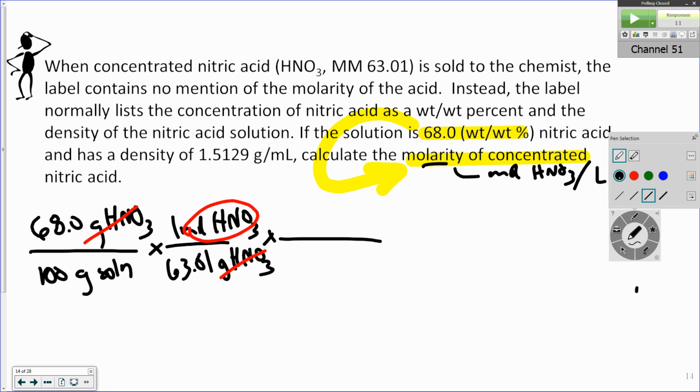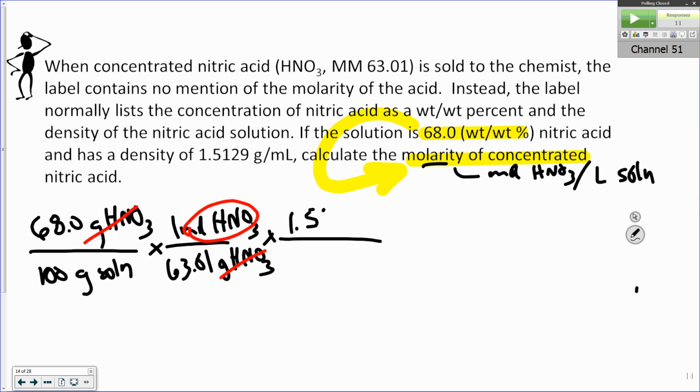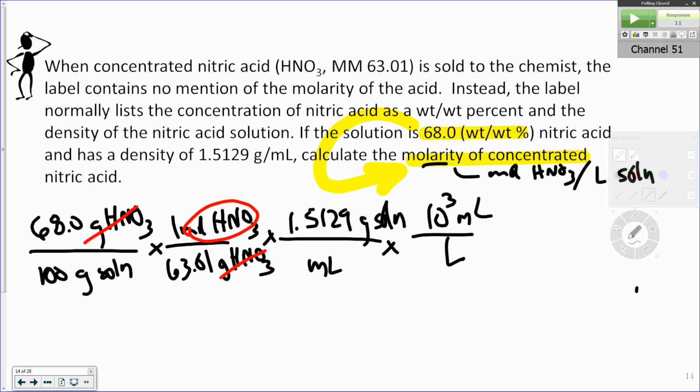All right, so now how about this next step? How do I go from grams of solution to liters of solution? Use the density. The density is given as 1.5129 grams of solution per milliliter, and then I can convert from milliliters to liters.